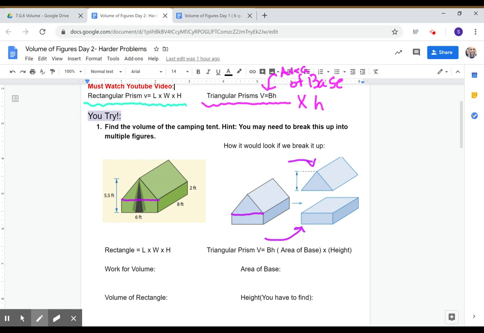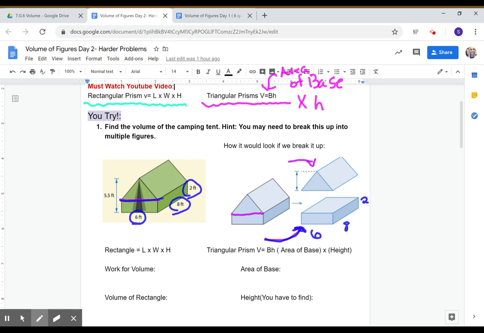I always like to start with the rectangular prism first because I think that one's a little bit easier. So to find the rectangular prism, that's this bottom piece, I'm going to look at this picture over here. For a rectangular prism, I need three numbers: a length, a width, and a height. If I look at this, I have a 6, an 8, and a 2. Here are my three numbers.